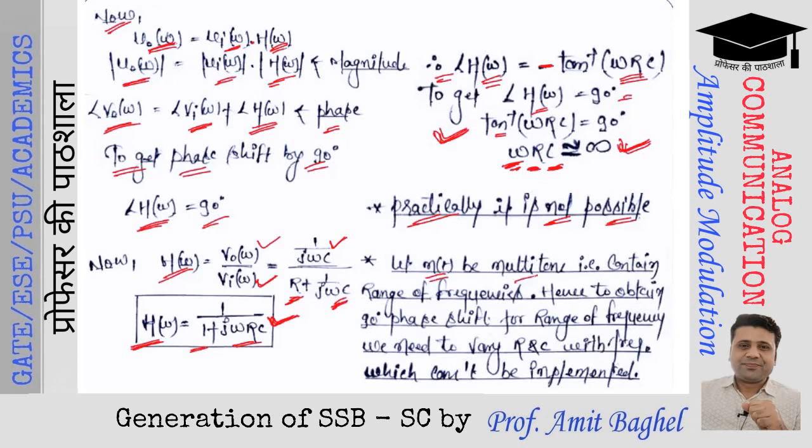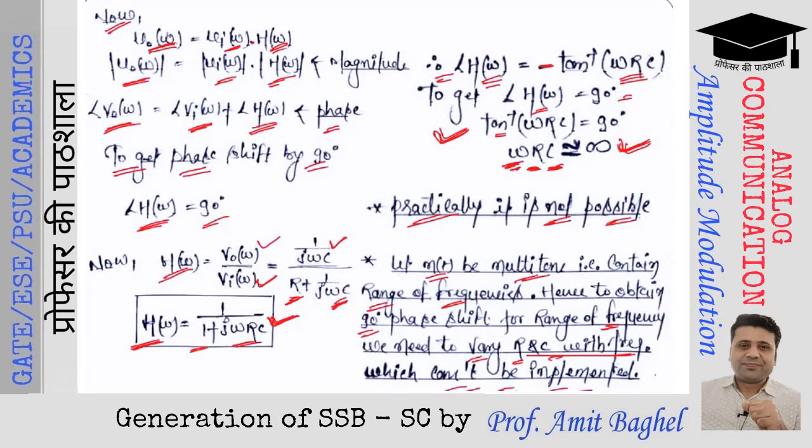If m(t) is a multitone message signal, that means it contains a frequency range. To obtain the 90 degree phase shift for a range of frequency, we need to vary R and C with the frequency. As you change the frequency, to adjust the value of ωRC, you have to vary the values of R and C. Is it possible? As soon as the frequency value changes in the message signal, would you change the hardware? No. So it cannot be implemented.